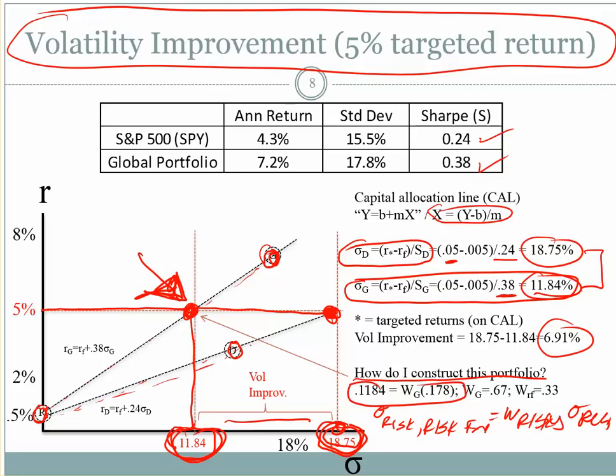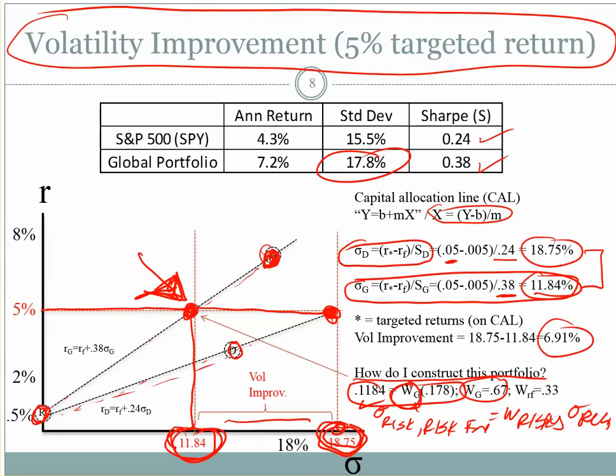So my combined volatility is 11.84 on this line. My weight in the risky is what I'm going to solve for. My standard deviation of the risky portfolio is 17.8. I solve for W, and that gives me 67% of my money will be invested in G, 33% in treasuries.